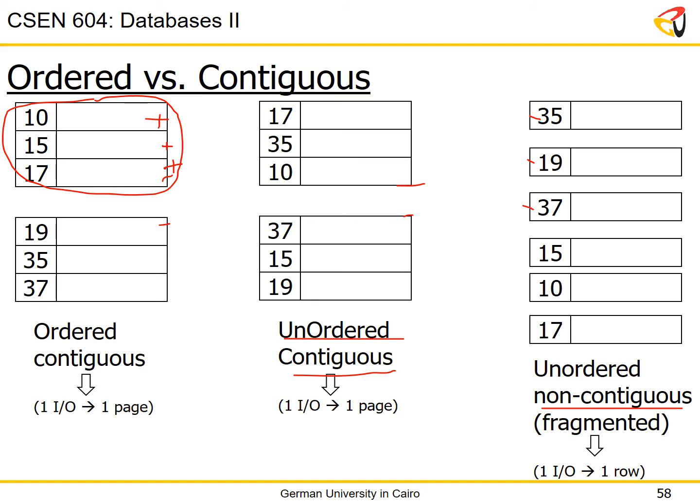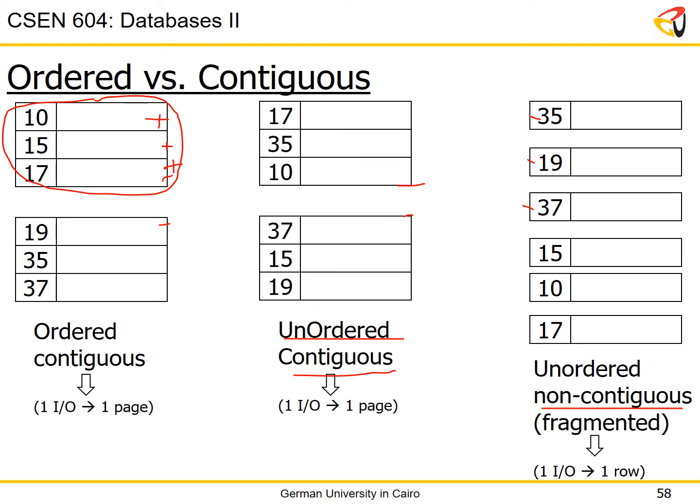Now the other thing we also need to highlight here is this notion of ordered versus contiguous. Now let's go from left to right here. On the left you see those 2 pages that belong to the same table. The values are sorted. That's why I say this is ordered. 10, 15, 17, 19, 35, 37, and so on.